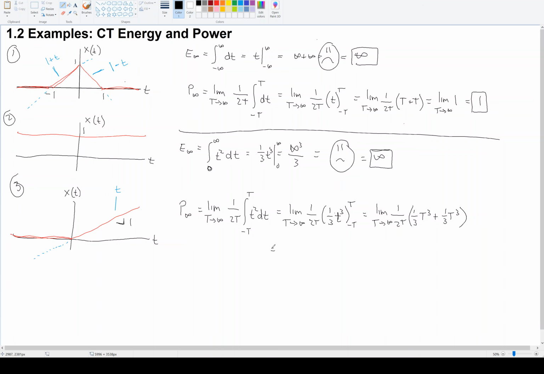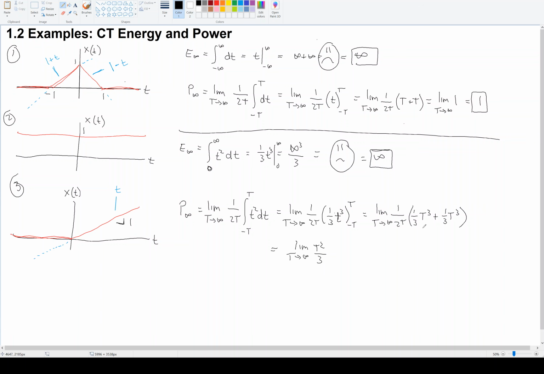Again, feel free to pause the video. But now notice I've got 1/3 T cubed and 1/3 T cubed, so that's 2/3. And then one of the T's in the T cubed cancels with the bottom T. And so this leaves me with the limit as T goes to infinity of T squared over 3.